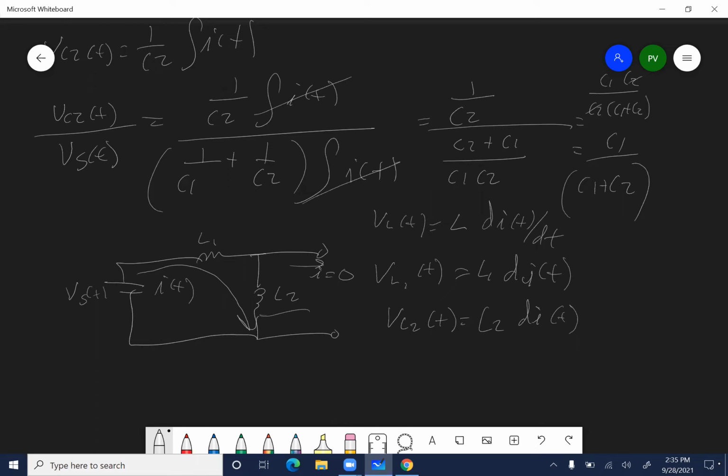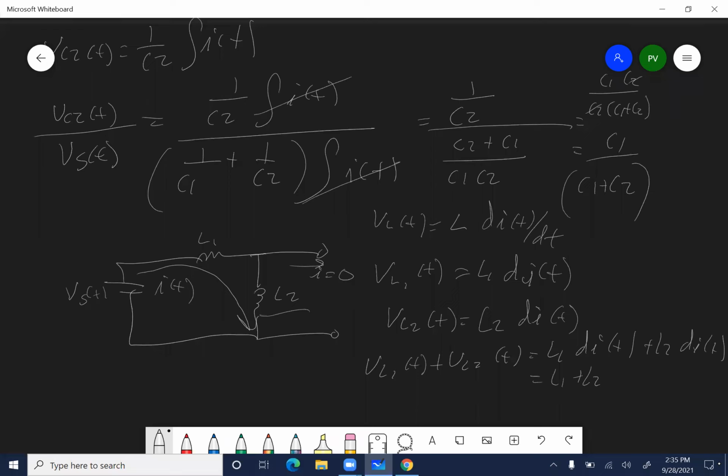So now that I have that information, I can go ahead and solve VL1 plus VL2 is L1 plus L2. Now I can factor because the di/dts are the same. It's the same current.